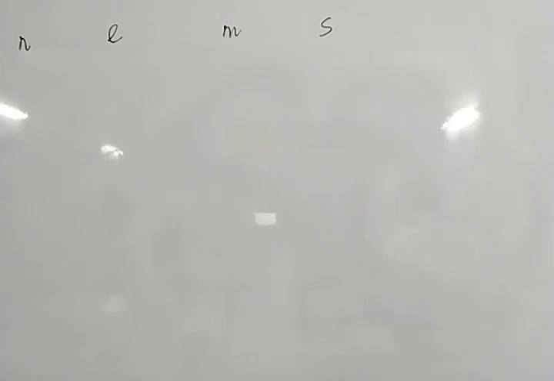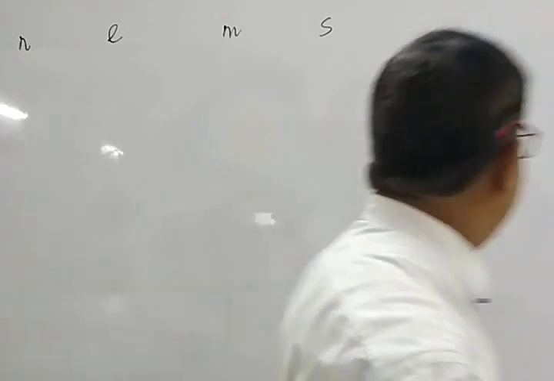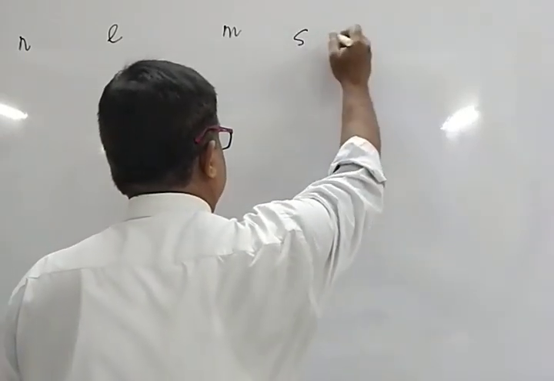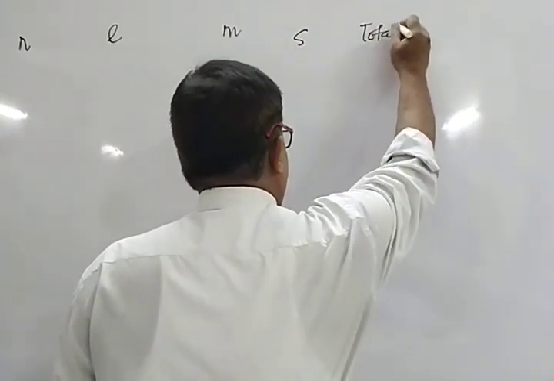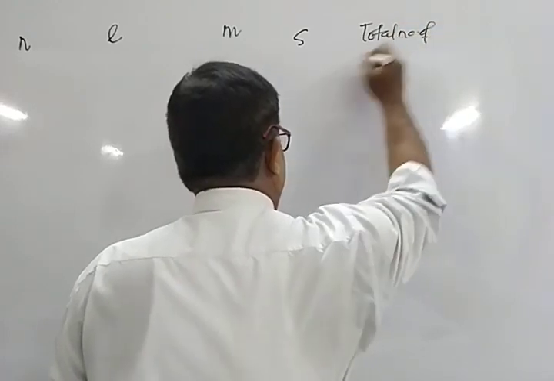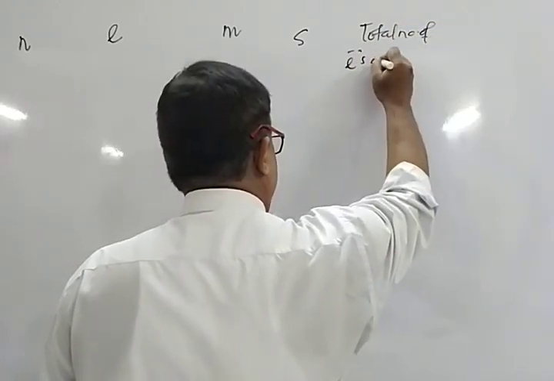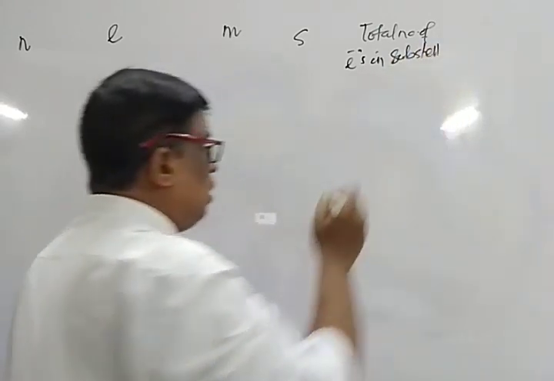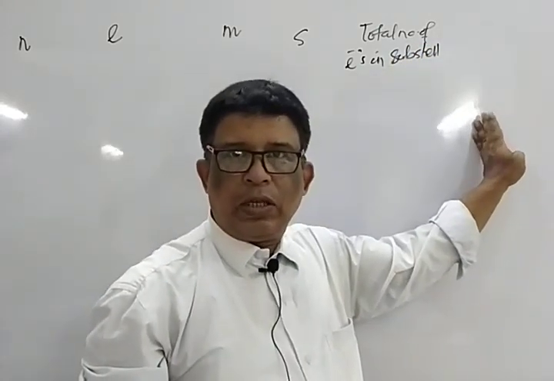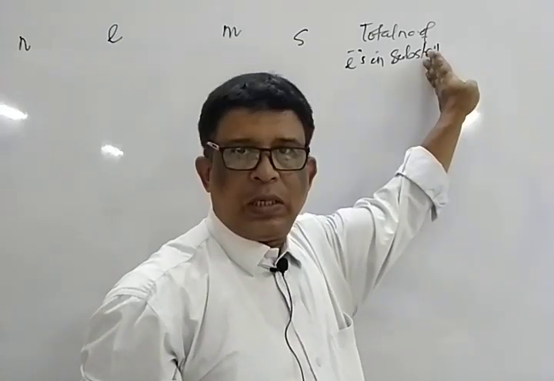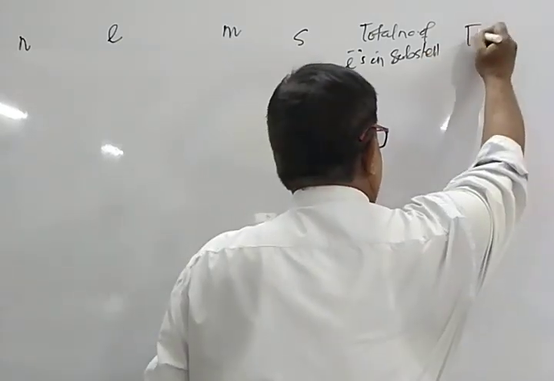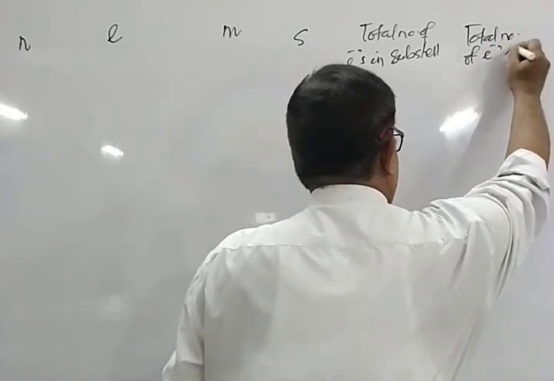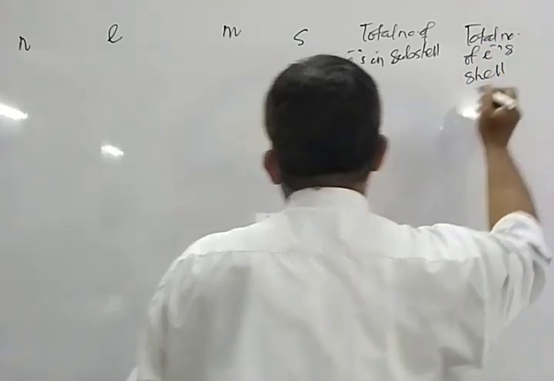Next, total number of electrons in a subcell and total number of electrons present in a cell.